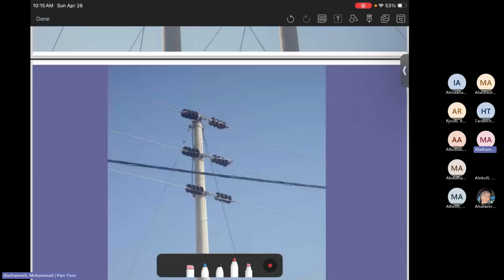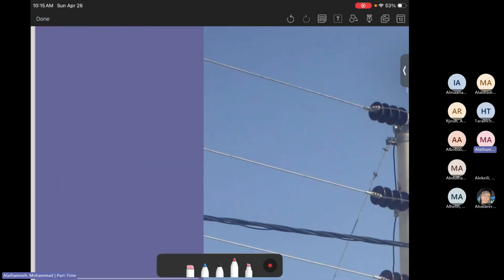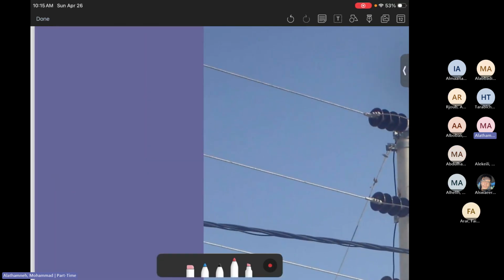So to summarize: a single pole is used when the deviation is below 10 degrees, and also in suspension.